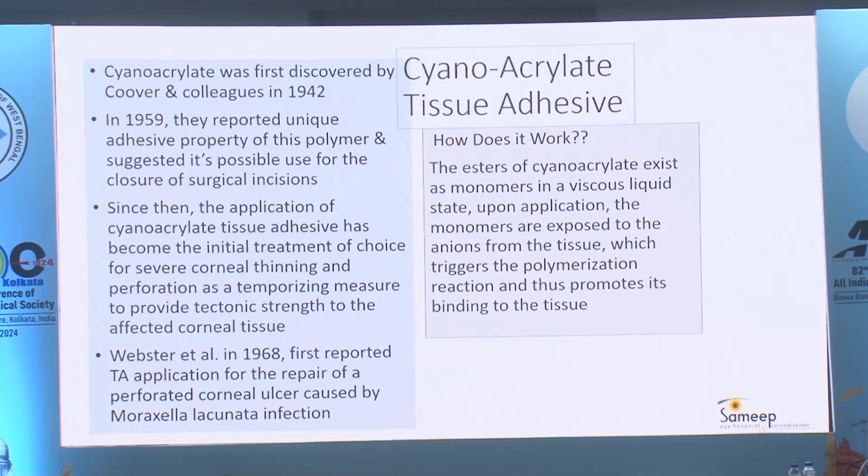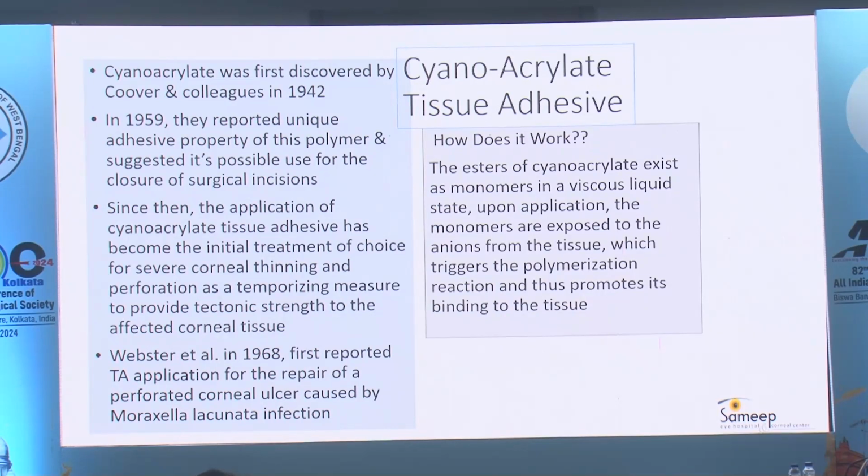Cyanoacrylate was first discovered by Coover and colleagues in 1942, interestingly in a Kodak research lab. Then in 1959 they reported the unique adhesive property of this polymer and suggested its possible use for closure of surgical incisions.